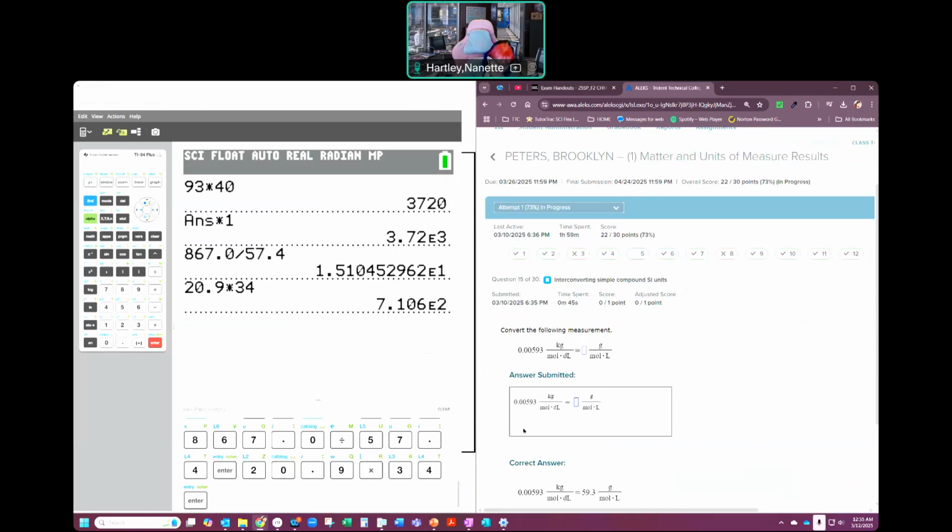So we've got our 0.00593. This is kilograms per mole deciliter. And I'm going to do 1 kilogram down here and 1,000 grams up here. So that will cancel that.